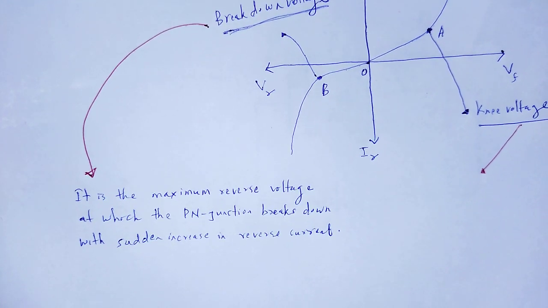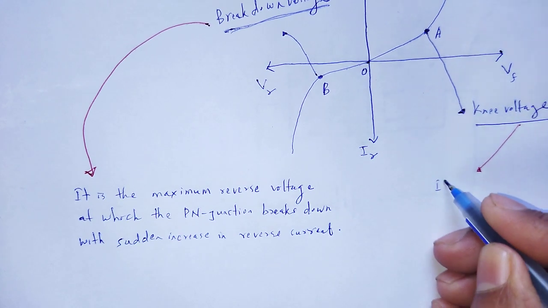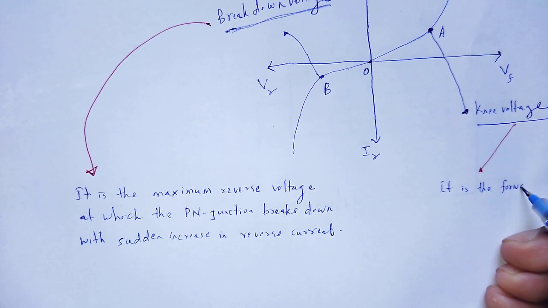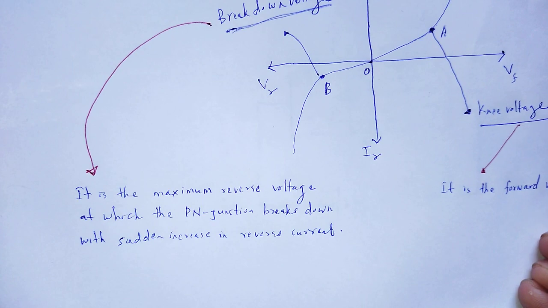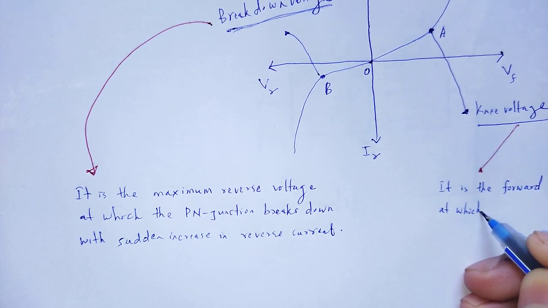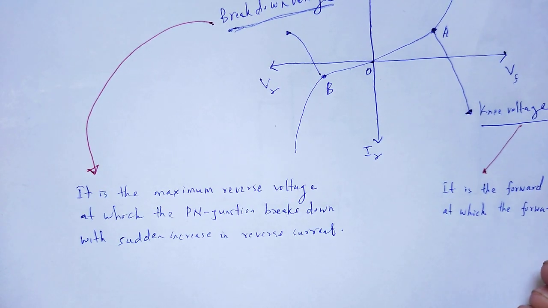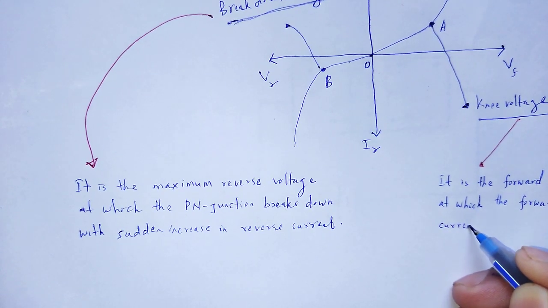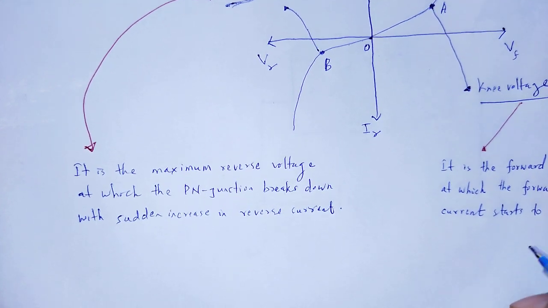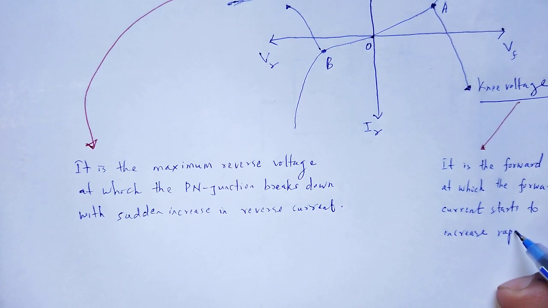To define knee voltage, it is the forward voltage at which the forward current starts to increase rapidly.